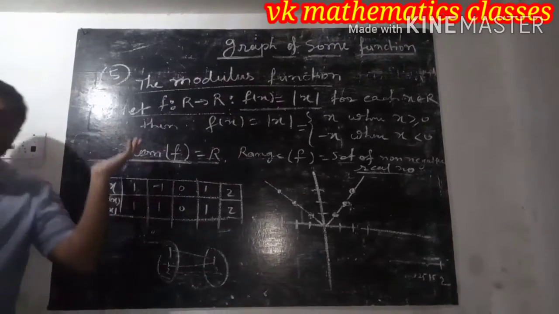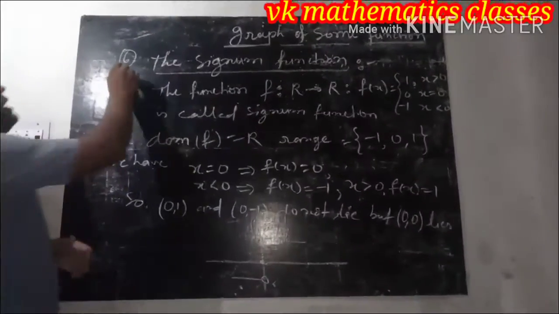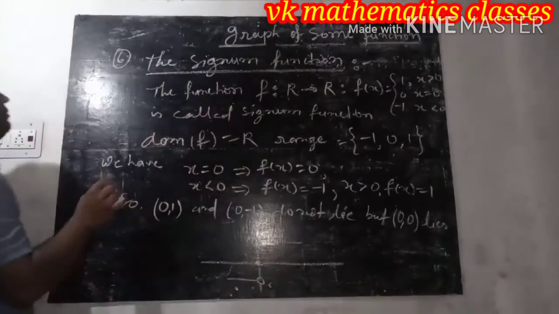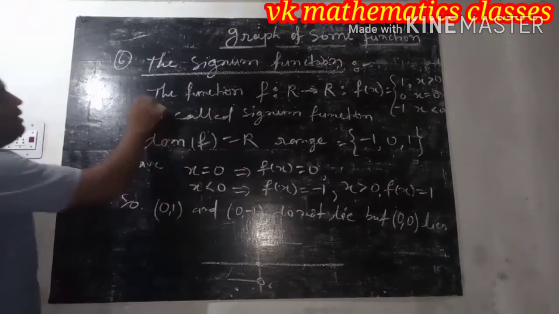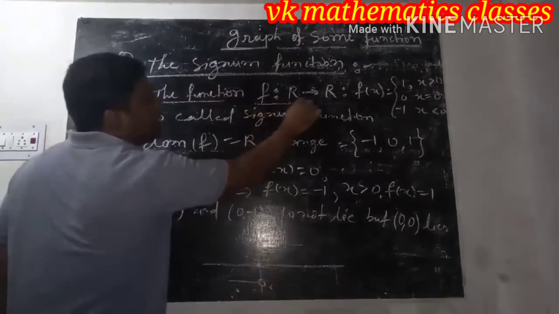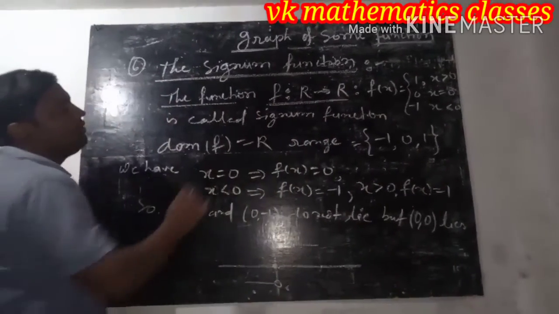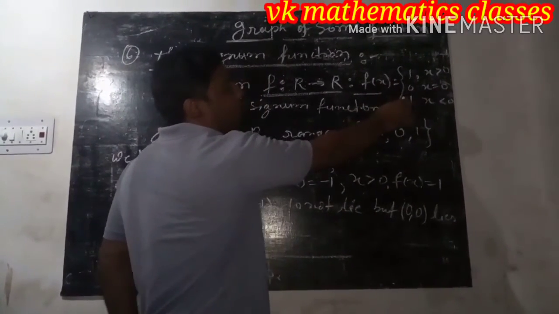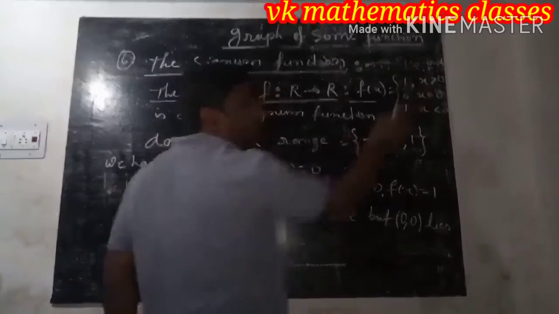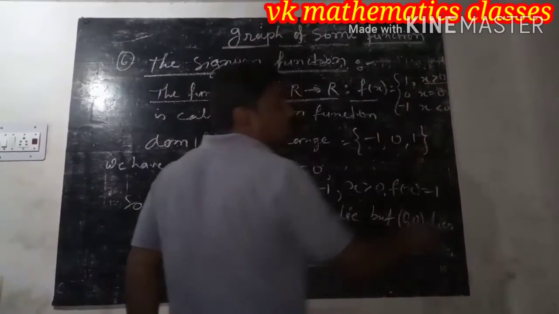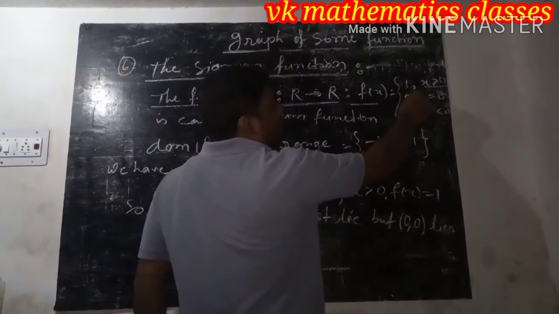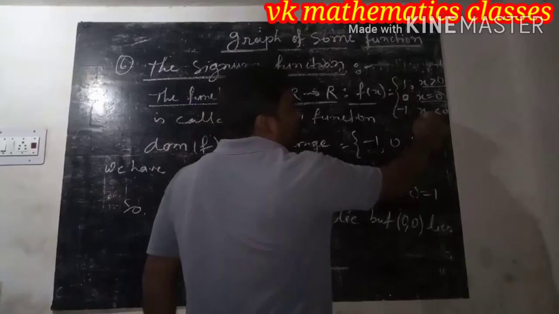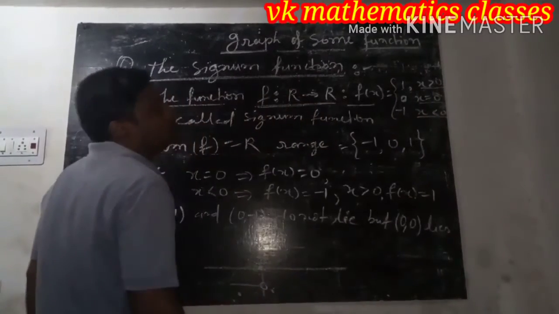Next function is the signum function. First of all, we define it. The function f: R to R, this is a real valued function, such that f(x) equals 1 when x is greater than 0, 0 when x is equal to 0, and -1 when x is less than 0.